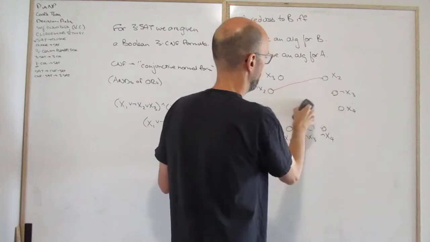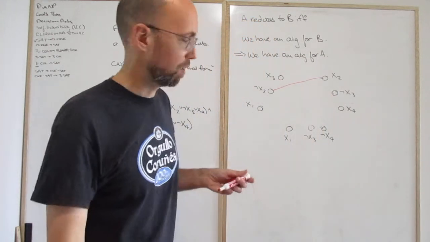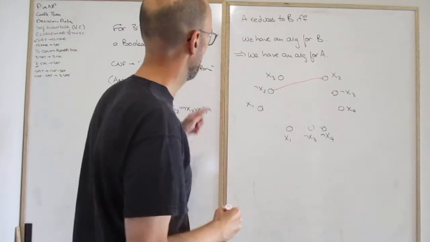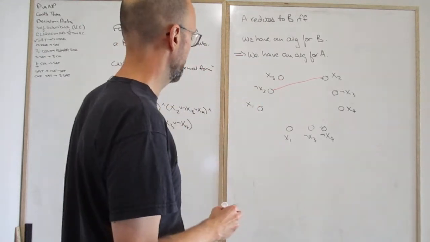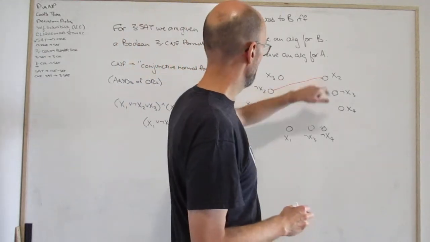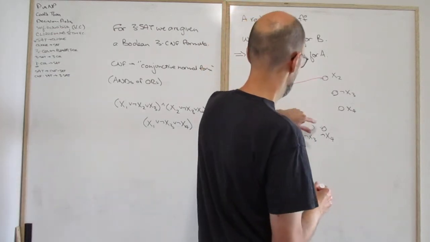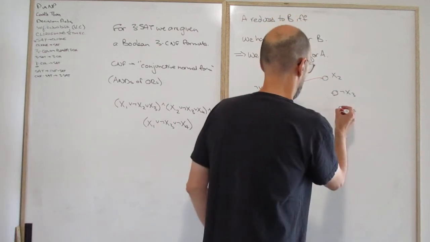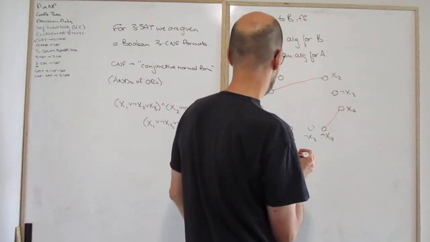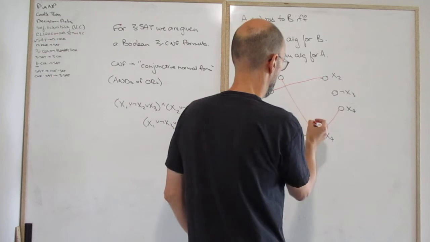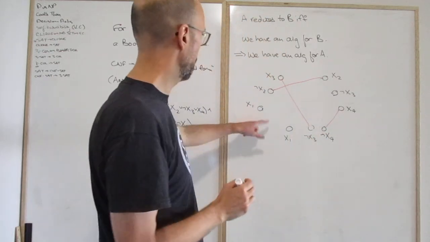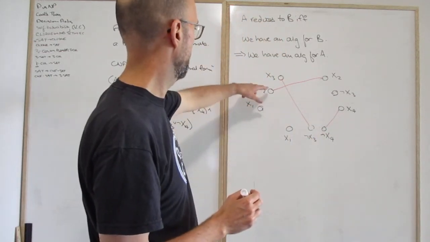So actually, I guess what I'm doing is a reduction from 3-SAT to independent set. So we draw x2, not x2 to x2, not x4 and x4, x3 and not x3.